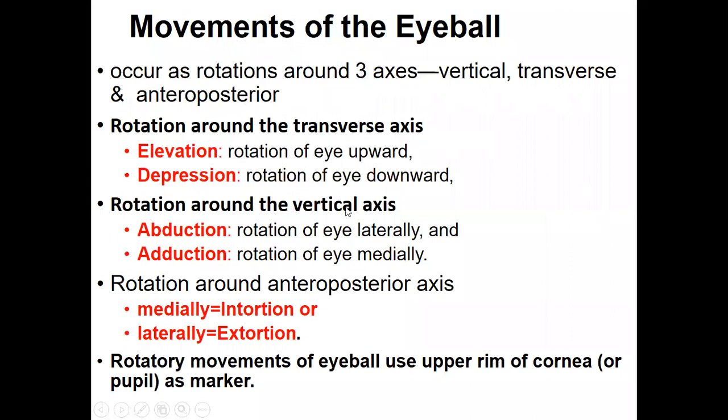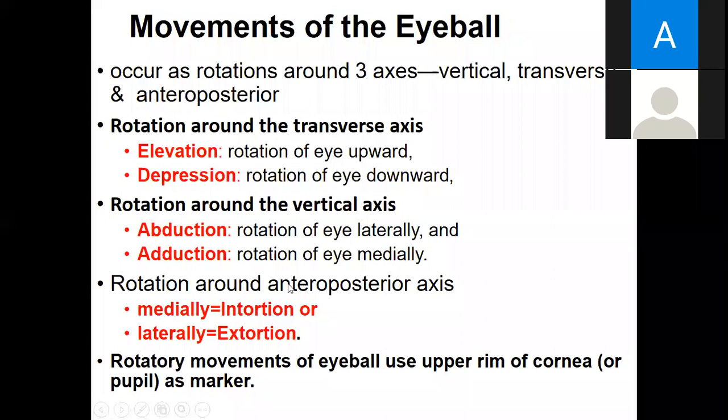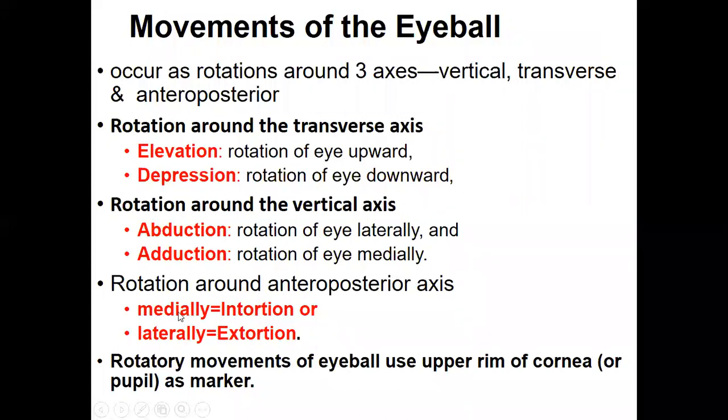Rotation around the vertical axis gives abduction and adduction. In abduction, there is rotation of the eye laterally; in adduction, rotation medially. Rotation around the anterior-posterior axis: medial rotation is called intorsion, lateral rotation is called extorsion.